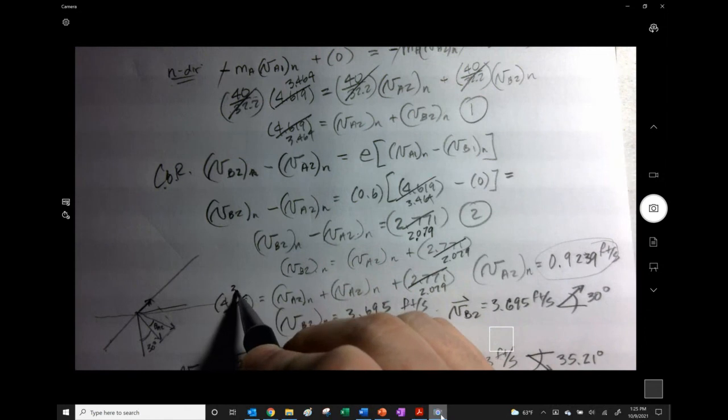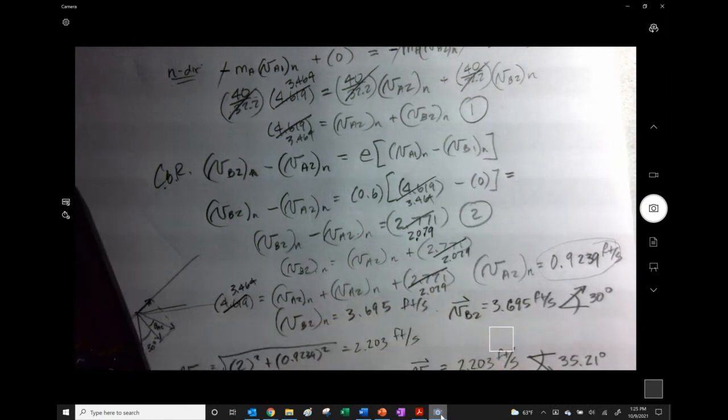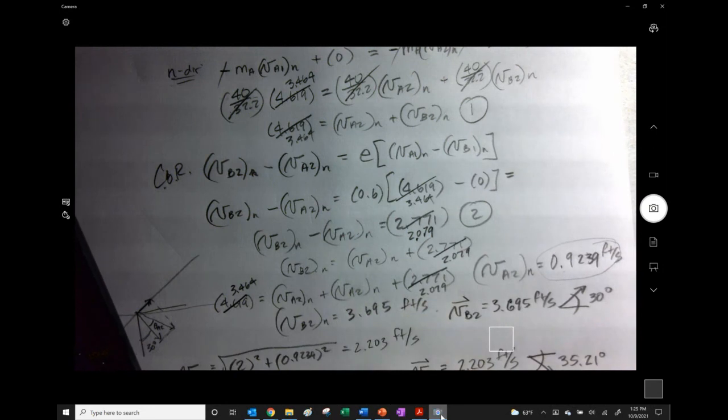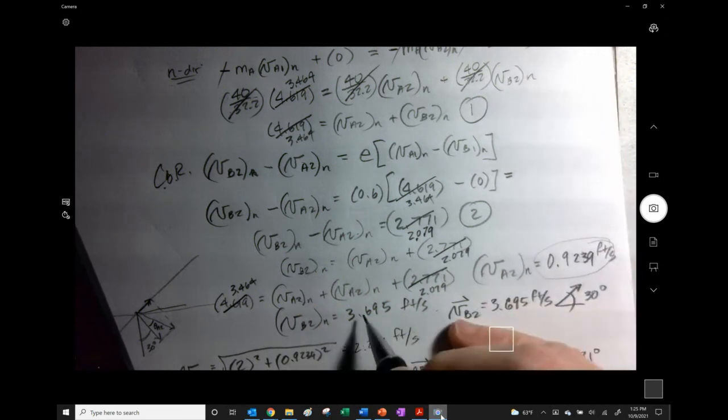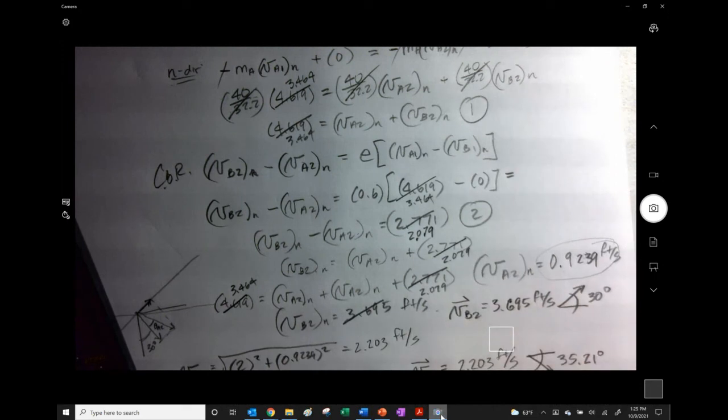This was the 3.464. All right, so we had 3.464 and subtract out that, and then we divide by 2. So this became, boom, that doesn't seem right.